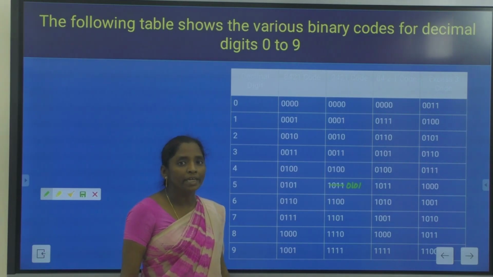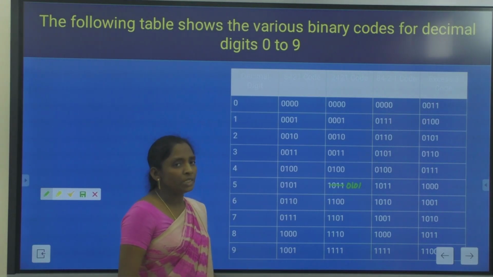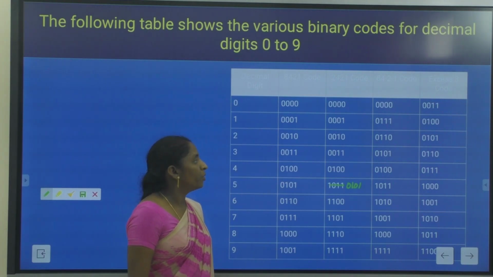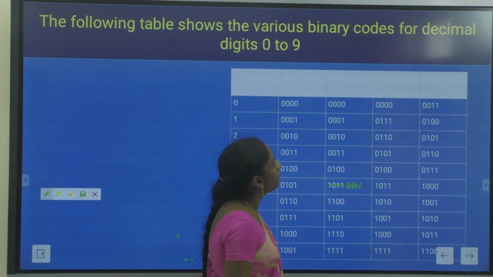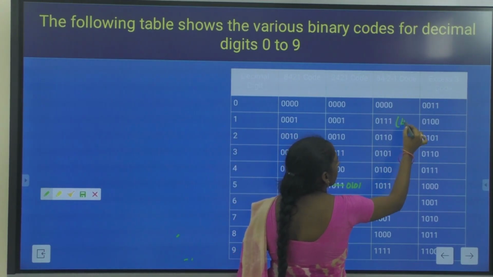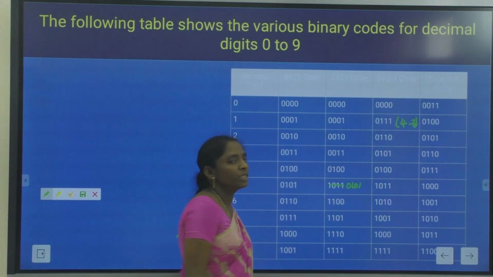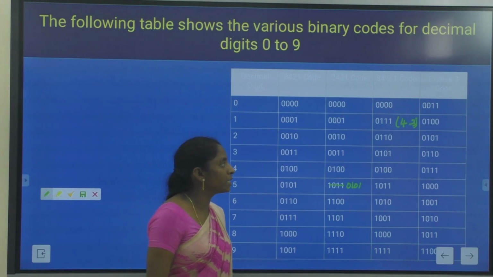Here we are assigning negative and positive weights to the positional values. To represent 0, all positional values are 0. To represent 1, we are taking 4 minus 3, then you will get 1. So the 4 position is 1, the minus 2 position is 1 and the minus 1 position is also 1.